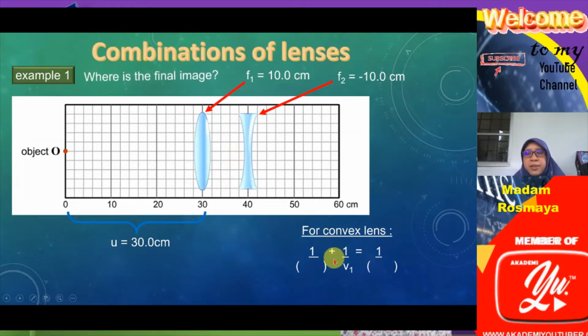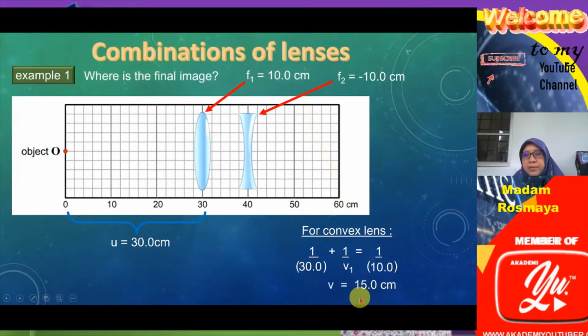From the formula 1/u + 1/v = 1/f, u is 30 cm. We are going to determine v1, the image distance for this convex lens, where f1 is 10 cm.